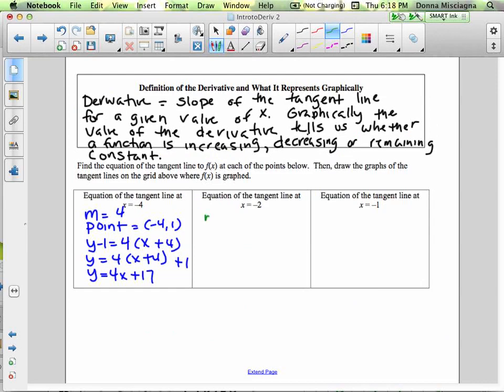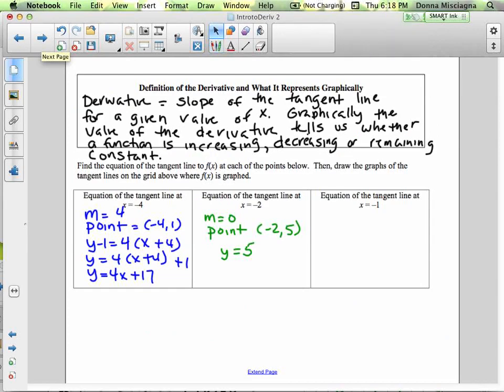So m is 0, our point is (-2, 5). But no matter what x is, y is 5. So this is the equation of a horizontal line. This is the equation y equals 5. Even if you use point slope form, you would still get y equals 5 because everything else is 0.